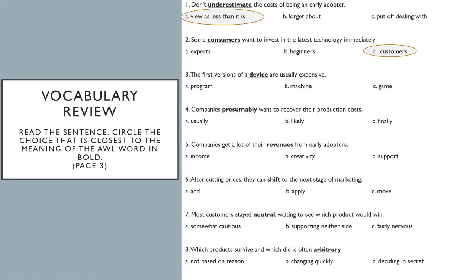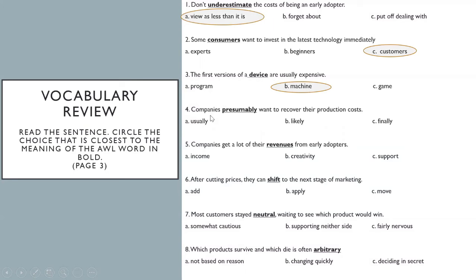A device is a machine. This can be a little bit confusing because some people would mistakenly choose program. A program is a software. This is inside of a device, okay? A program is inside of a device. So a device is a machine.